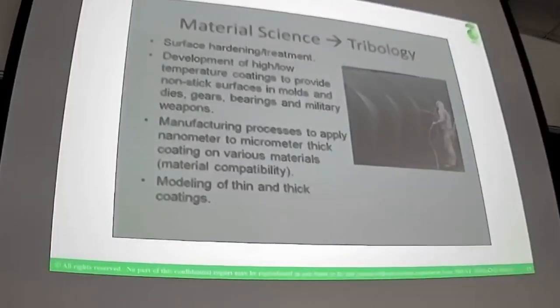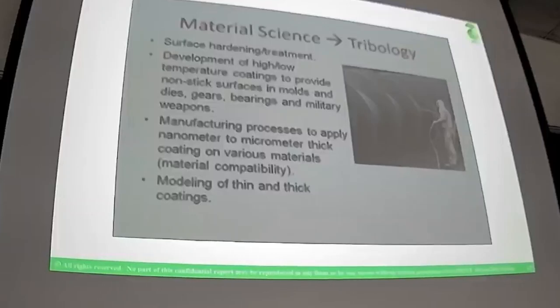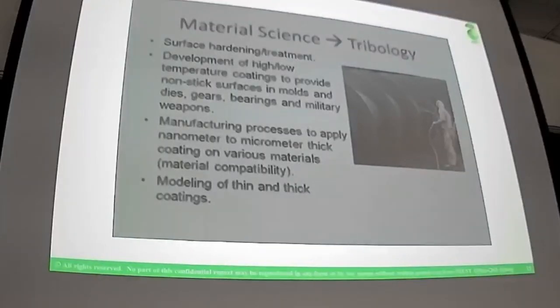So there are some theory or discipline in the material treatment. The first one is surface hardening treatment, or you will have certain treatment conditions, for example different temperatures, and different coating materials. So this is another discipline in material science. Okay?